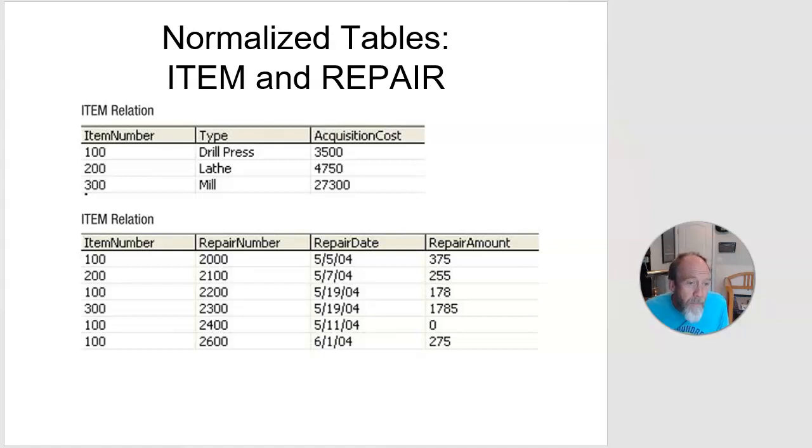I would, by the way, in the item table, the second table where you're actually talking about the repairs, move that repair number over one to the left and bring that item number over one to the right, because you kind of like to have the key, whether it's a surrogate key or non-surrogate key, in the first column.